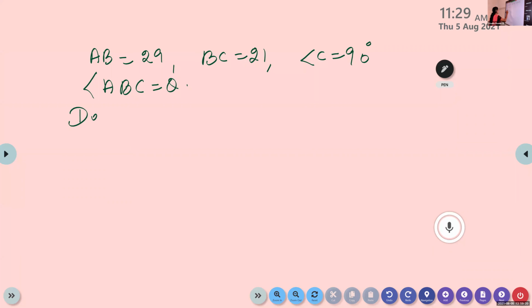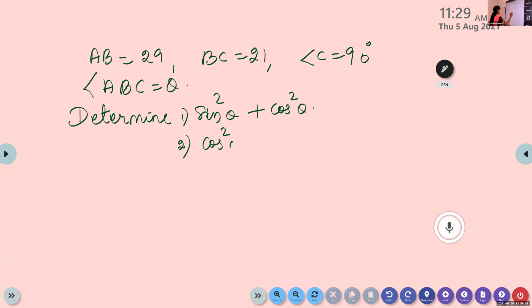Determine sin square theta plus cos square theta. First one. Second one, cos square theta minus sin square theta.